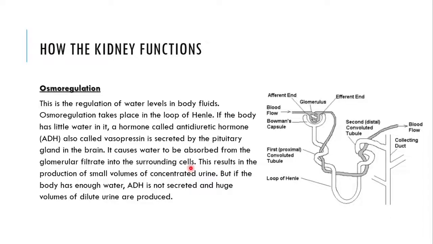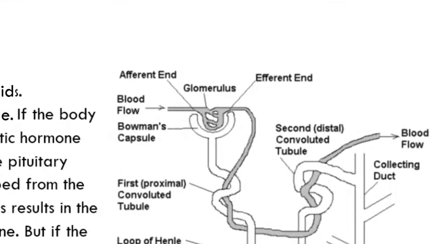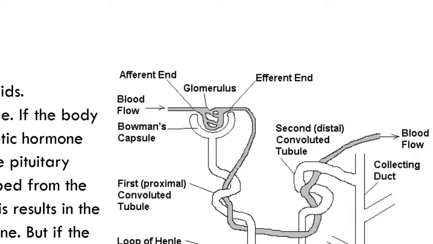Remember the glomerular filtrate? I'll repeat. When blood is flowing, small molecules are going to be filtered. What are those molecules? Mineral salts, water, glucose, urea. So these four will form the glomerular filtrate, which will now be in the Bowman's capsule, and then it will drain.